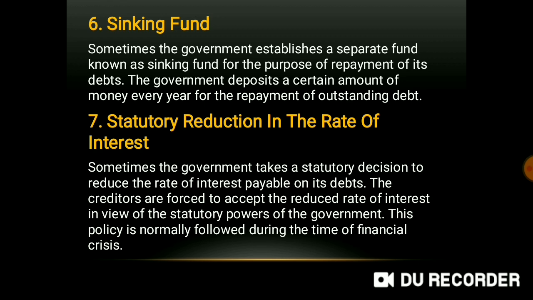So this policy is normally not used by the government, but it is used at a time when the government faces financial crisis, for example, war. So this is what is known as statutory reduction in the rate of interest.